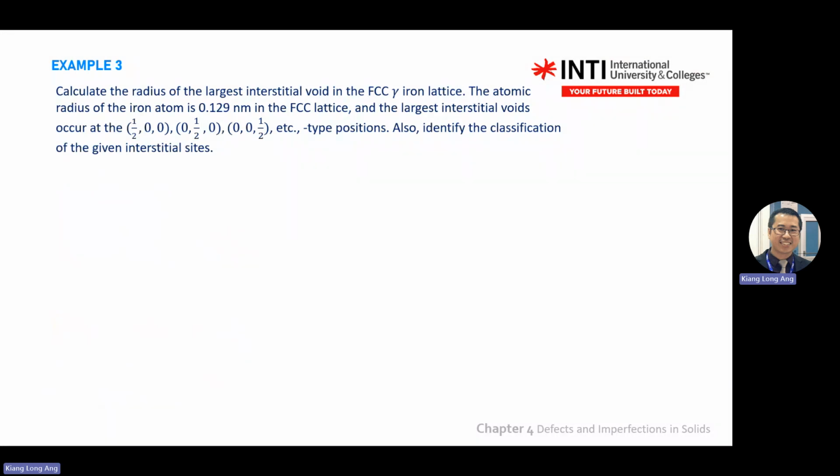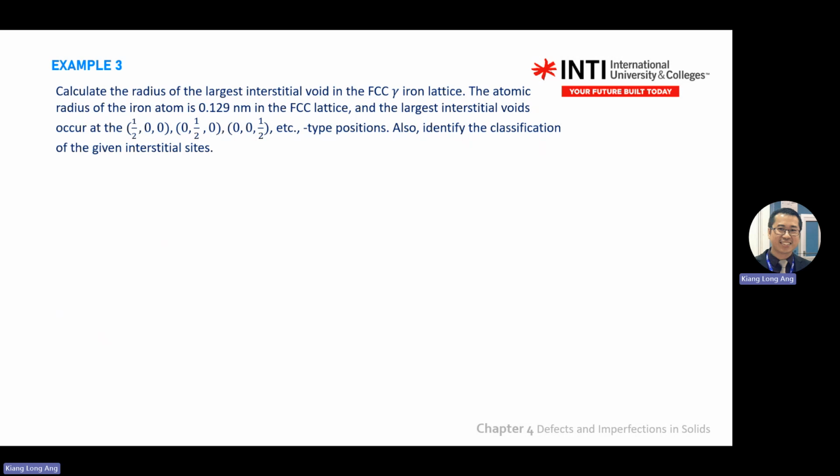Now, example 3. We go through example 3, then maybe we stop here and continue at 4 o'clock. Calculate the radius of the largest interstitial void in FCC gamma iron. The atomic radius of iron is 0.1 nanometer in the FCC lattice.